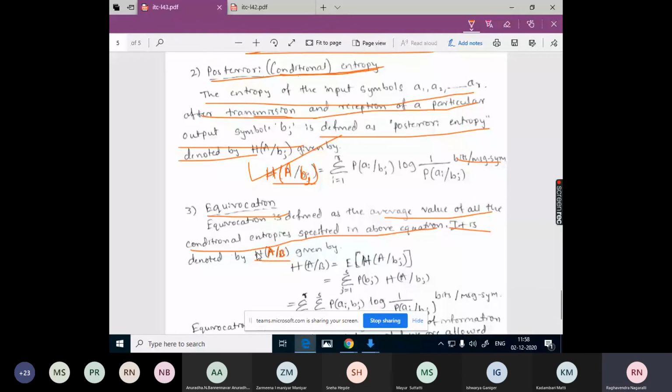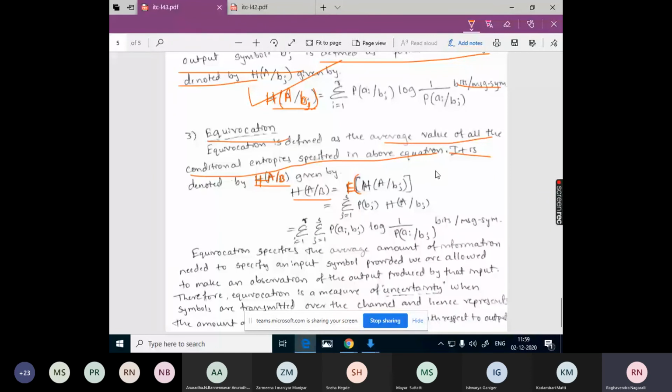That is called equivocation, denoted by H of A by B, and it is given by H of A by B is equal to expected value of H of A by Bj. We can write this as summation j equal to 1 to s P of Bj into H of A by Bj. This is the conditional entropy or posteriori entropy.